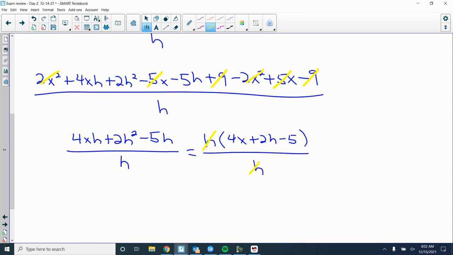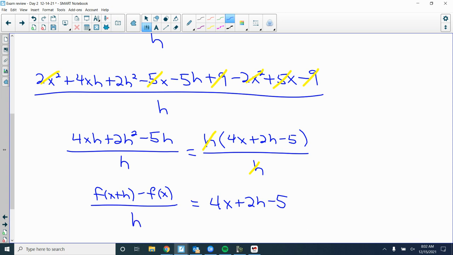The h's cancel. Final answer, 4x plus 2h minus 5. So that is your f of x plus h minus f of x all over h.